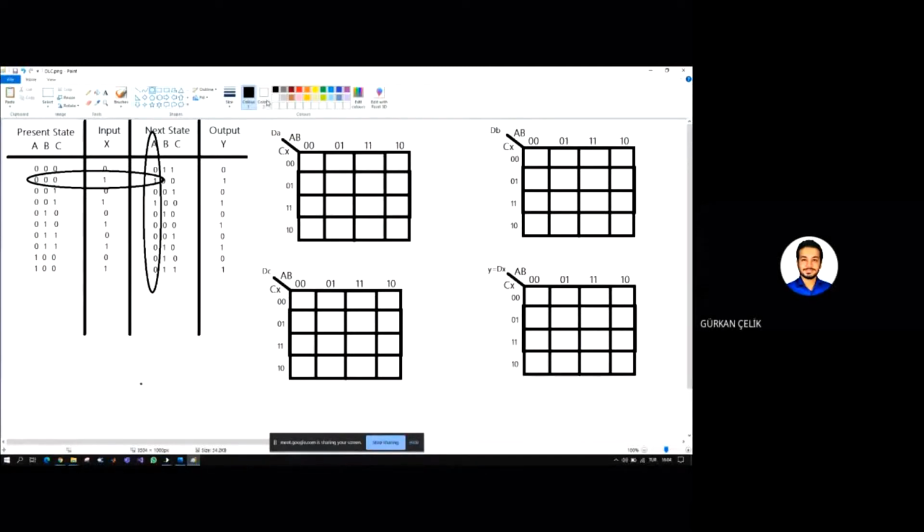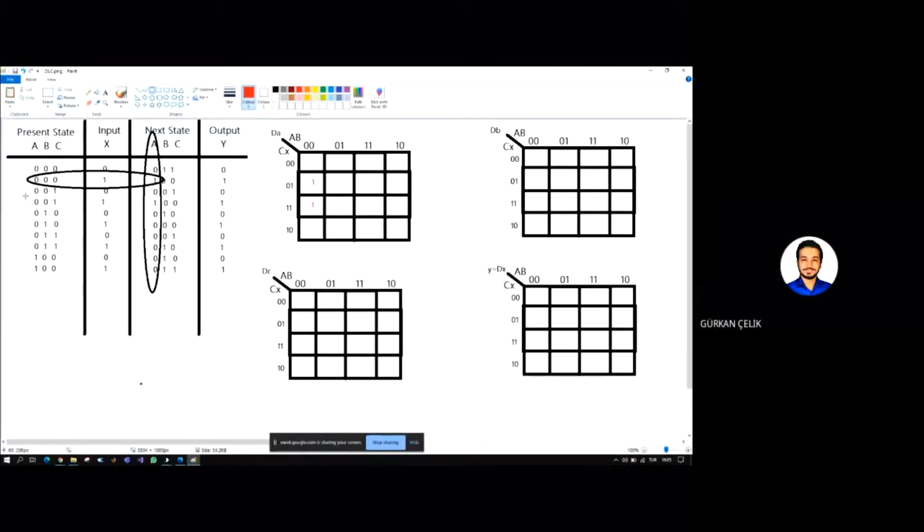So let me change the color to make it easier. 0, 0 and 0, 1 is over here, right? So here 0, 0, 1, 1, which is here. Is there any ones here? No, there are no other ones now.